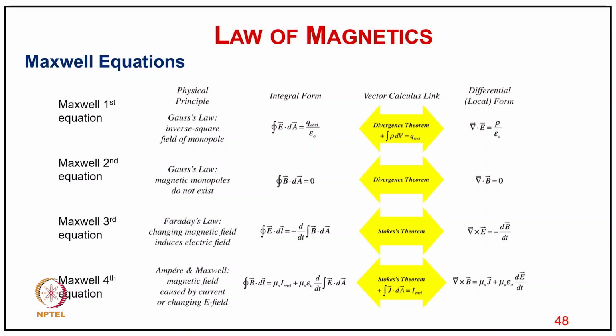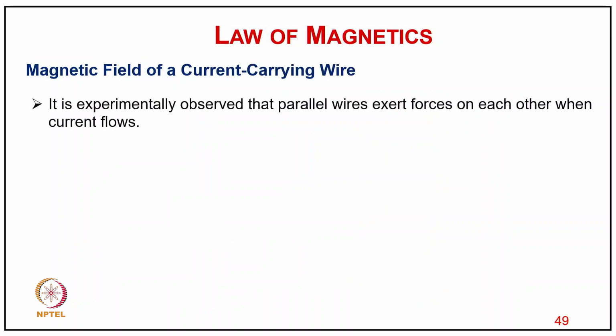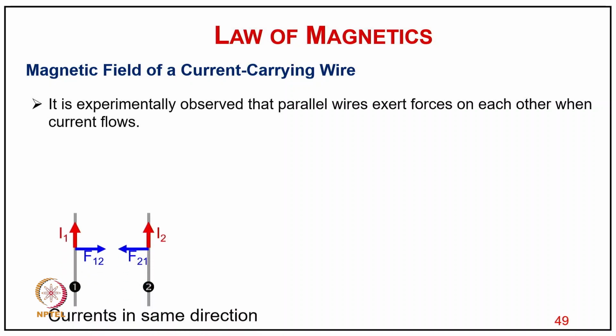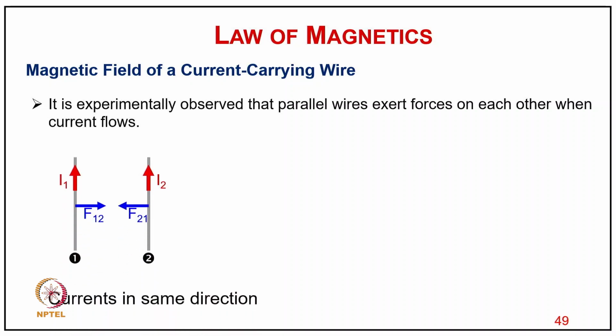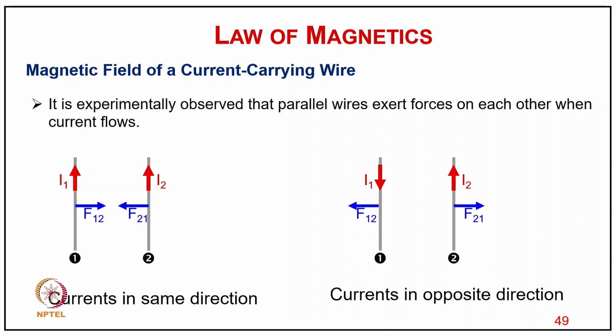Now the magnetic field of a current carrying wire. It is experimentally observed that parallel wires exert forces on each other when current flows. When two parallel conductors carry currents in the same direction, they have a force of attraction, shown in the symbol by the blue line, and when the two conductors carry currents in opposite directions, the force is repulsive, in the opposite direction.